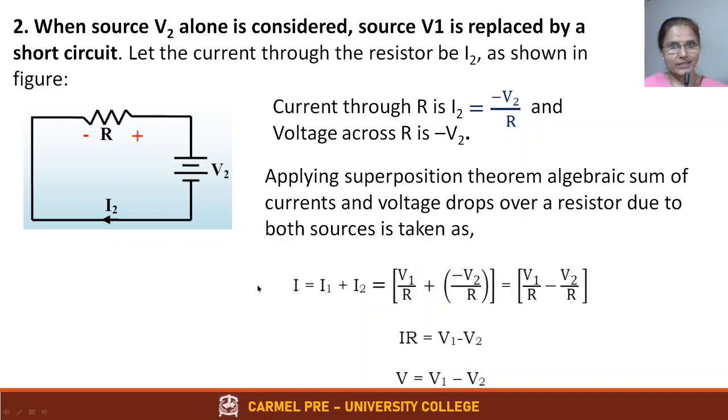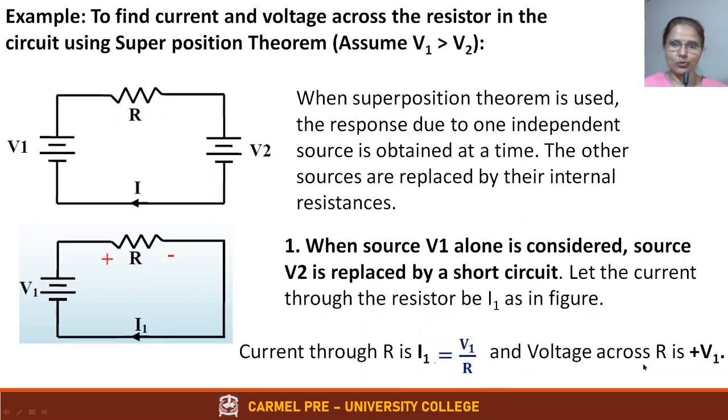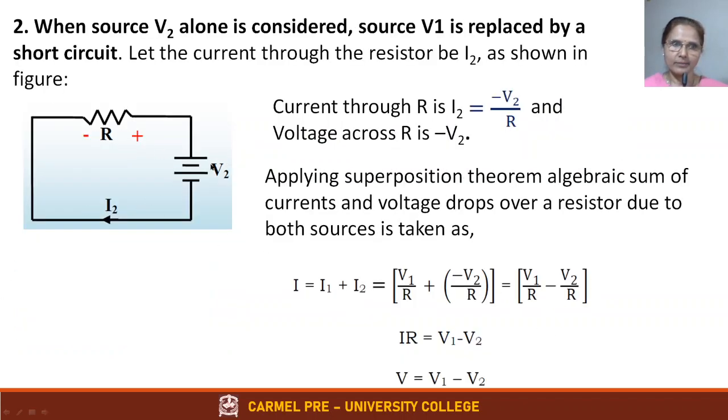As far as the voltage is concerned, voltage across R because of first voltage source is plus V1 and voltage across R because of the second voltage source is minus V2. So sum of them, or V1 minus V2, will be the total voltage across the resistor R. This is how we are going to find the current and voltage across any resistor using superposition theorem.